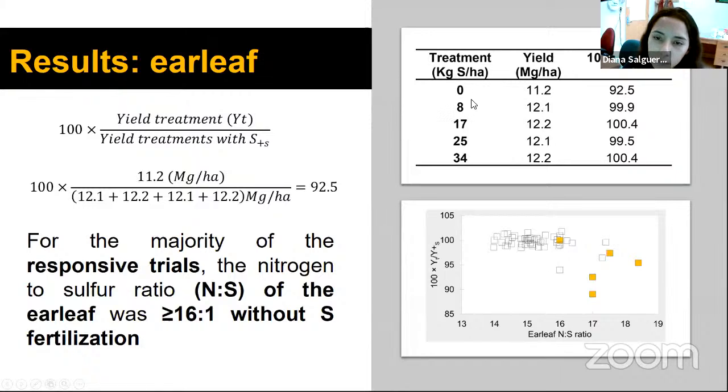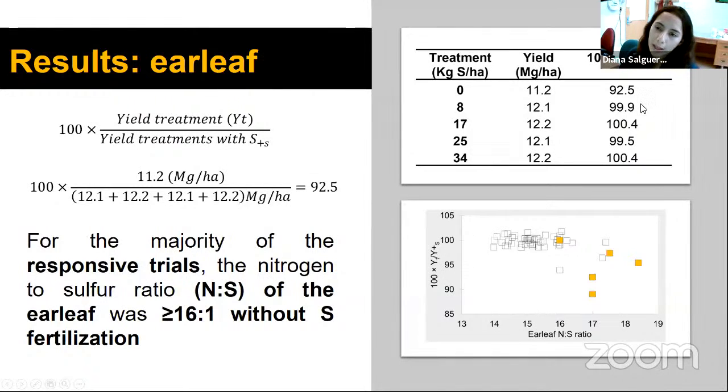We take the mean for that treatment and divide that by the average of all the treatments that did have sulfur applied. So for this particular one, I am taking my 11.2 megagrams of grain per hectare divided by the mean of all the treatments that did have sulfur applied.